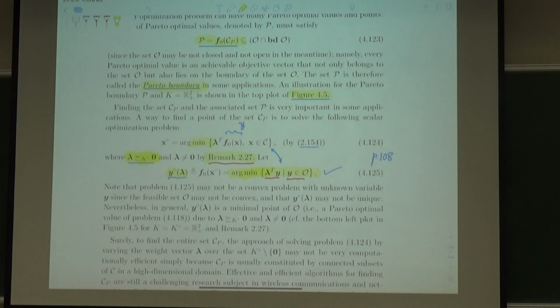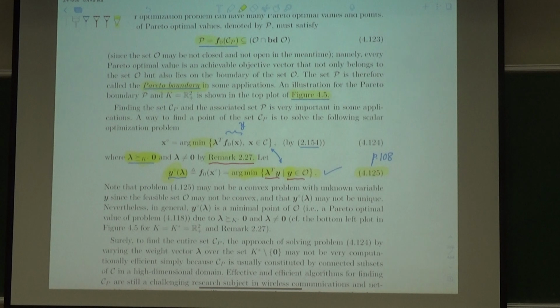This is a proper cone, dual cone, because the illustration is for K equal to the first orthant cone, which is self-dual, so K equals K star. So this is the way, given a lambda, we can find the minimal point. This is the equation we base on, which comes from remark 2.27.